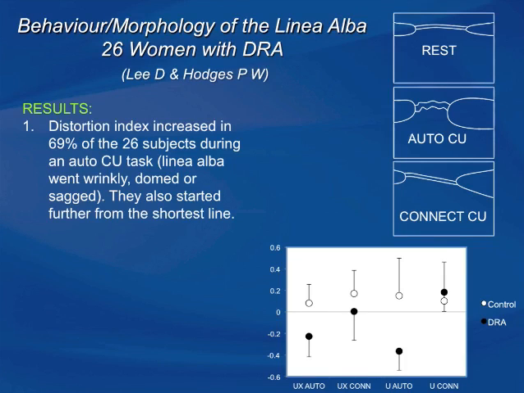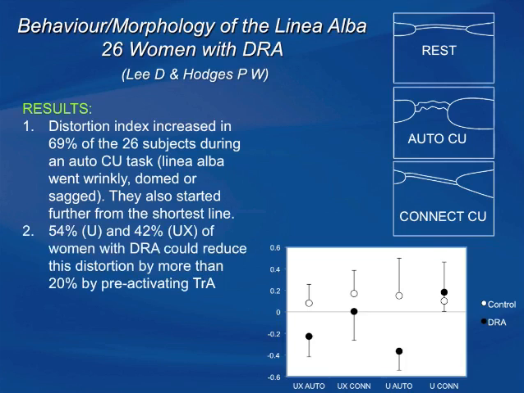And they also started further from the shortest line, which meant that there was some distortion at rest as well. And 54% and 42% of the women with the DRA could reduce this distortion at the U and the UX points, respectively, by more than 20%. So they could reduce the distortion by more than 20% by pre-activating the transversus.